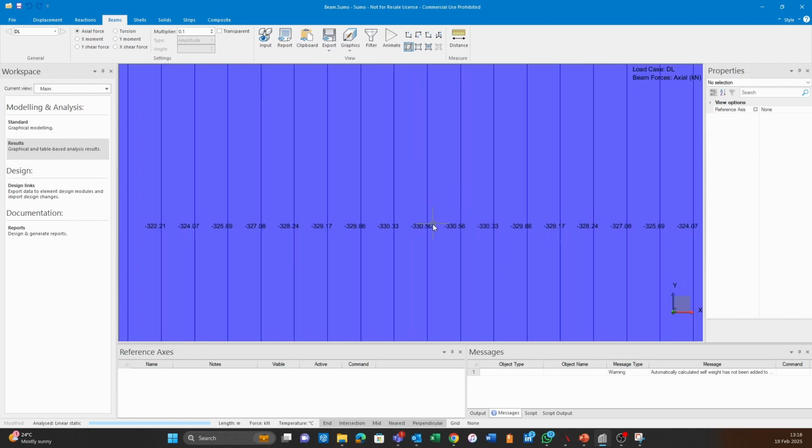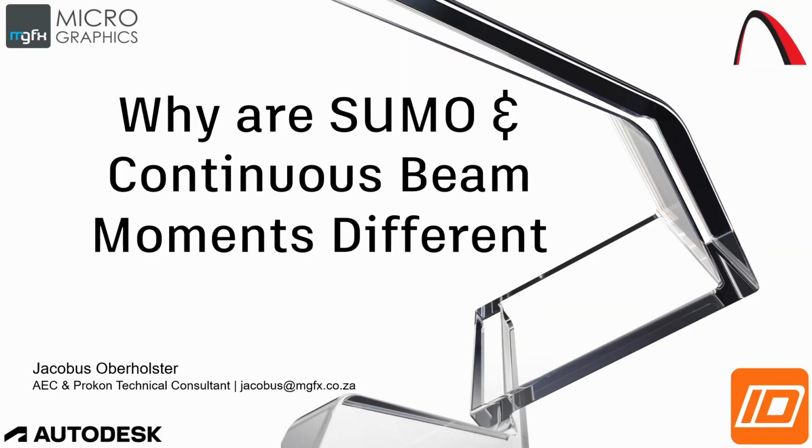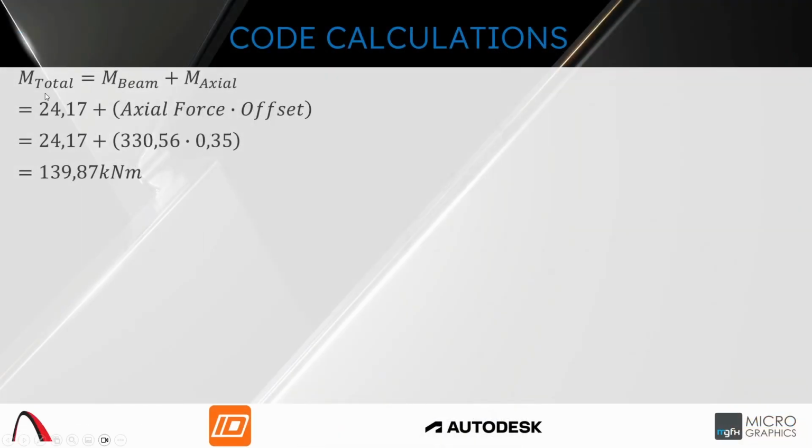So now we're going to compare that value with our calculations and calculate the M total. That is equal to the M beam, which we read off from the results workspace, plus M axial. And M axial is equal to the axial force times the offset of the monolithic beam.